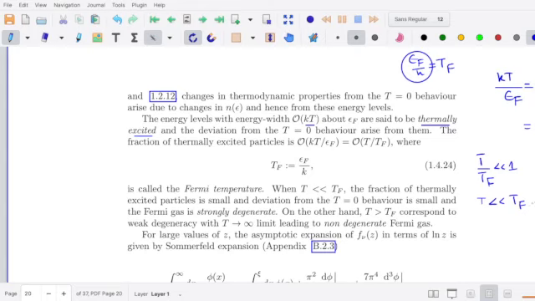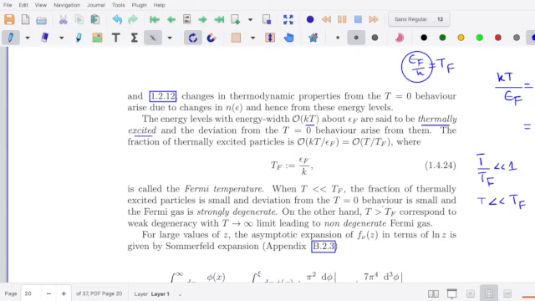T equal to 0 is what is called the completely degenerate Fermi gas, and when T is much smaller than the Fermi temperature, we say that the Fermi gas is strongly degenerate. On the other hand, when temperature is greater than the Fermi temperature, the fraction of thermally excited states is going to be larger than 1, and the deviation from the T equal to 0 behavior is going to be appreciable.